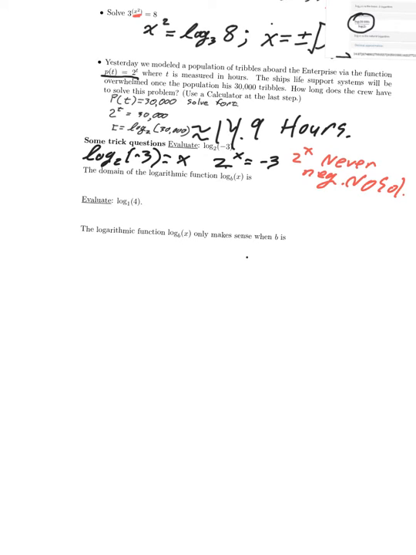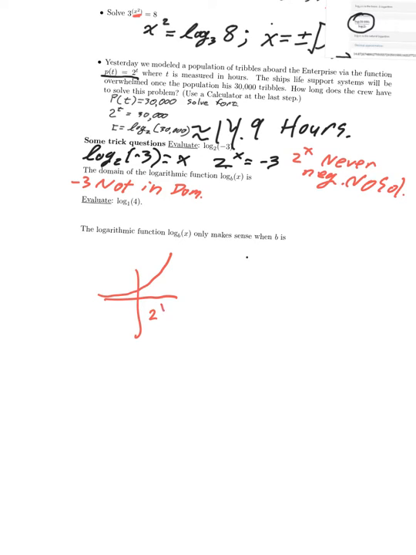Oh, that means that log base 2 of -3 has no value. -3 is not in the domain. And in fact, no negative number will be. 0 won't be either. And to remember that, let's just recall the graph of the exponential function.